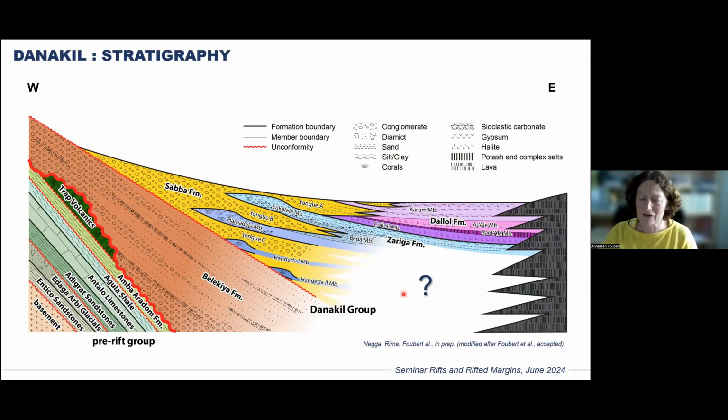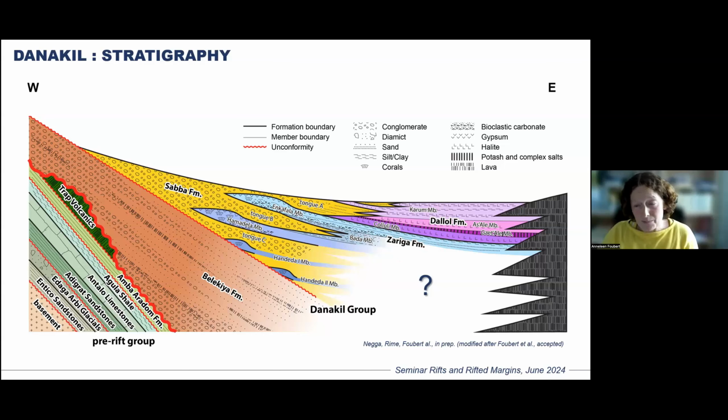What's below, we don't know, and I will come back to that later also. Let's focus first on these bluish sediments, the limestones, and then I will take you towards the Dallol formation. So let's first look at what we call the Zariga formation.